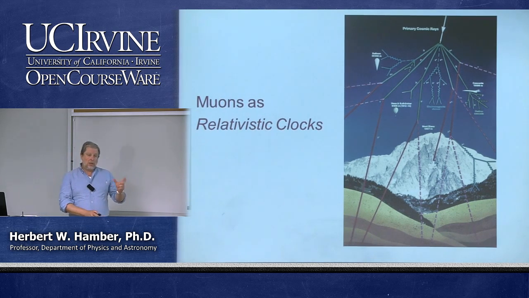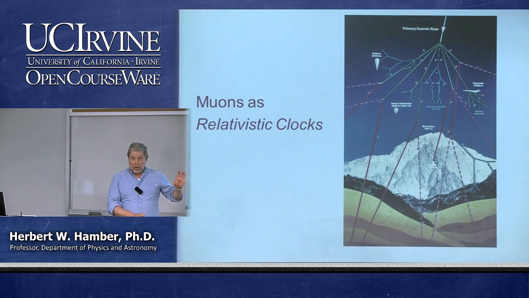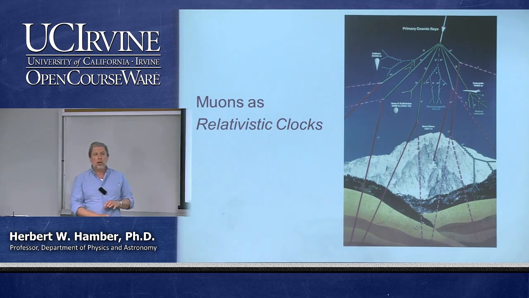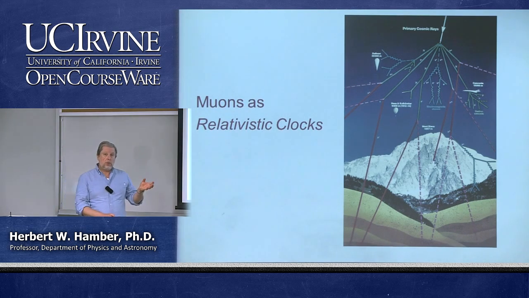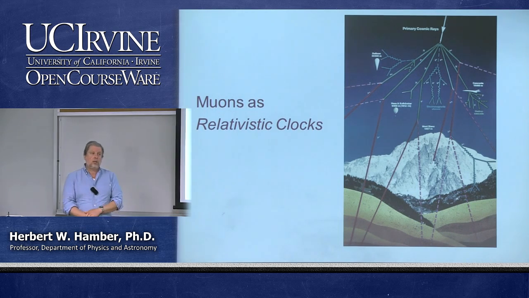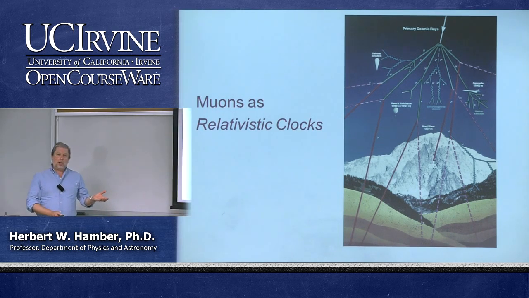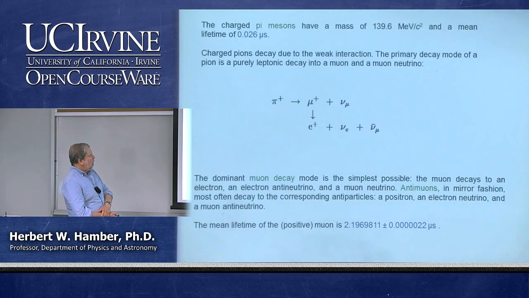And that decay time is affected by relativistic effects, because the muon moves at a speed comparable to the speed of light. So we have a gamma time dilation factor that comes into it, which means that, based on what we discussed in this class, the clock attached to the muon as it falls through the atmosphere runs at a different rate than the clock that we have as a laboratory clock, right?